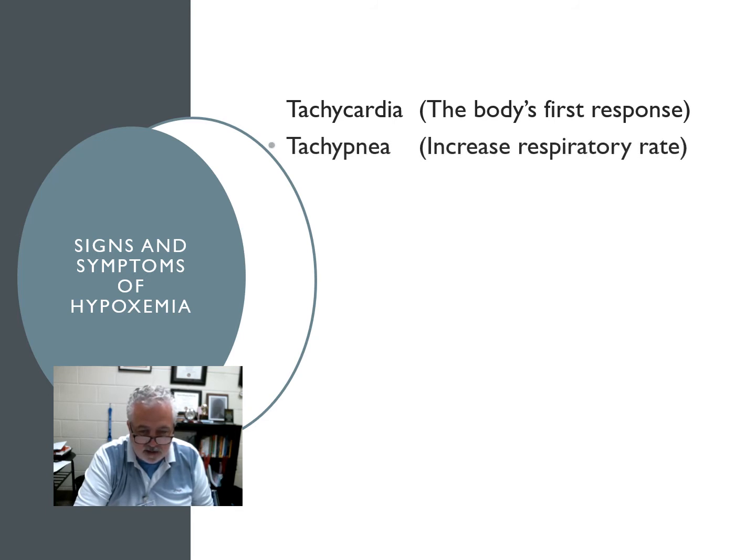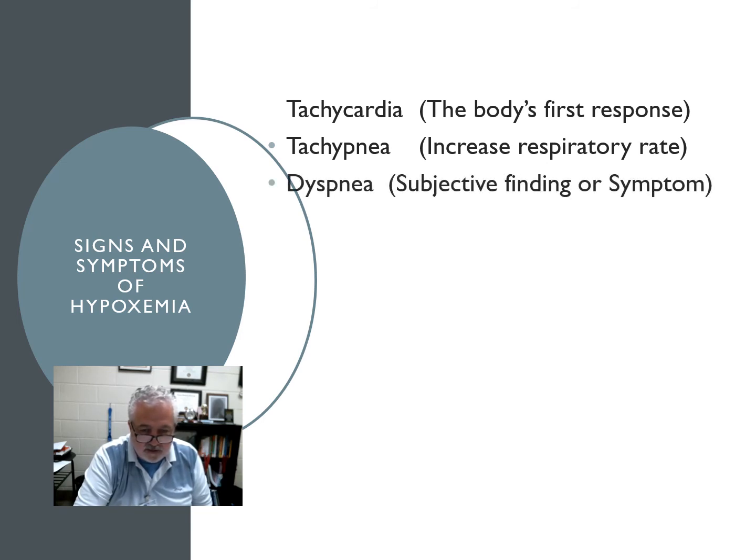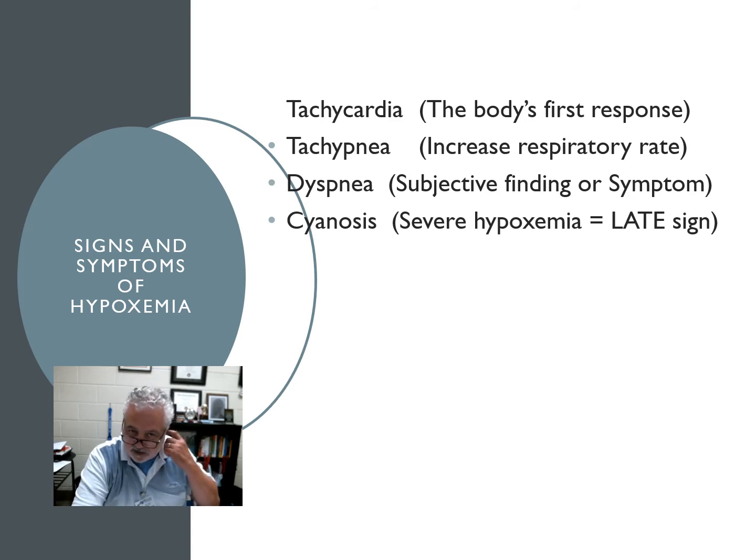The person might tend to breathe faster, of course. That suggests that you would need to know the respiratory rates, somewhere between 10 to 20 breaths per minute, somewhere like that. Dyspnea, remember that's a subjective finding, a symptom, that's something that the patient tells us. If the patient is cyanotic, then that's a late sign, and that's a sign of severe hypoxia.